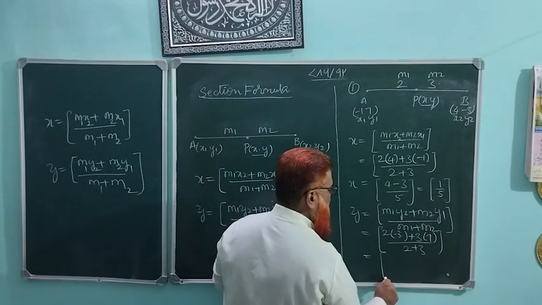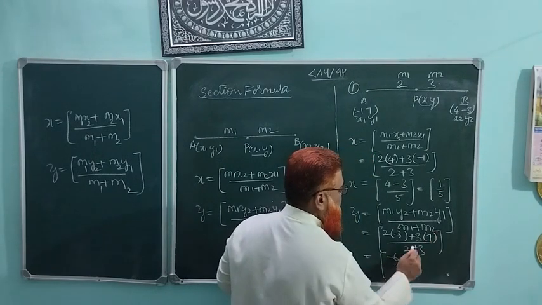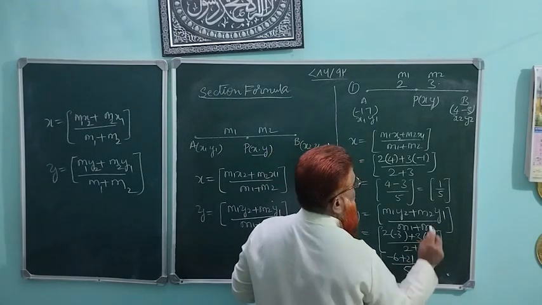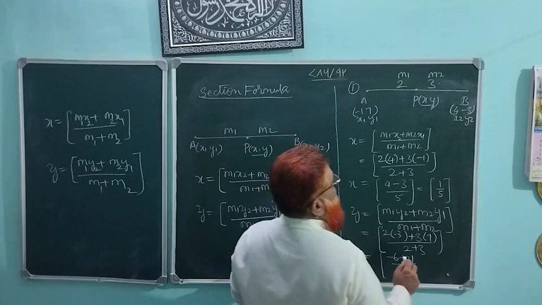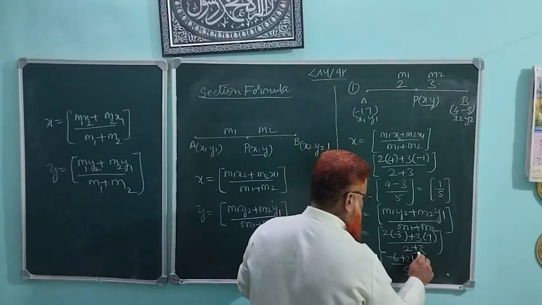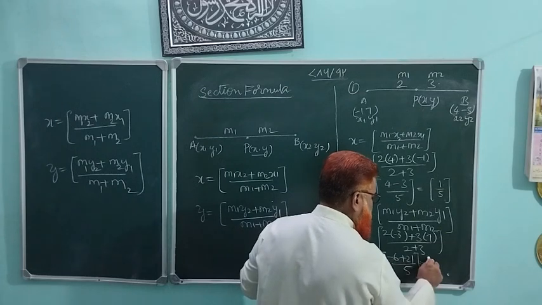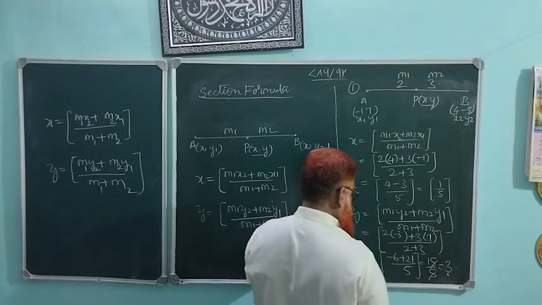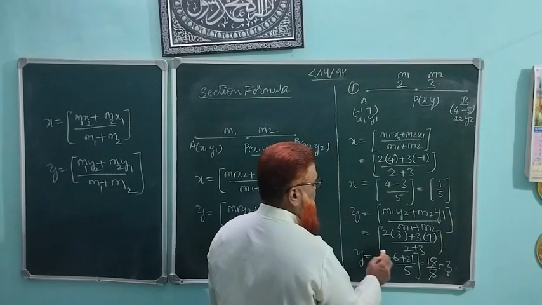Again it is equal to -6 plus 21 divided by 5. This is equal to, -6 plus 21 is 15 by 5. 5 ones are 5, 5 3s are 15. So the value of y is 3.